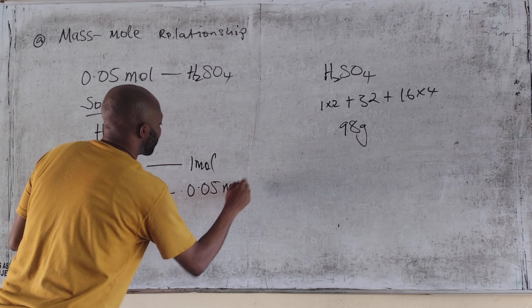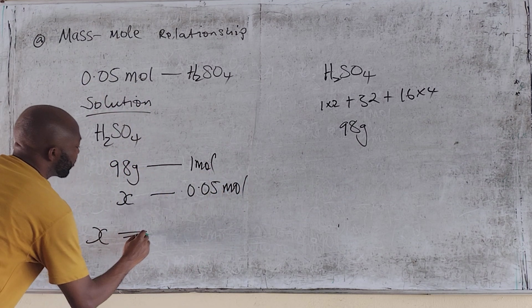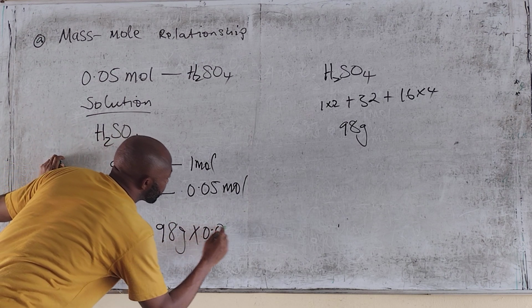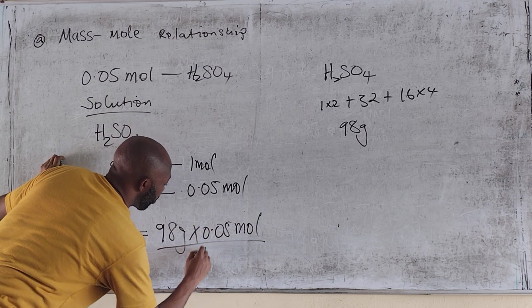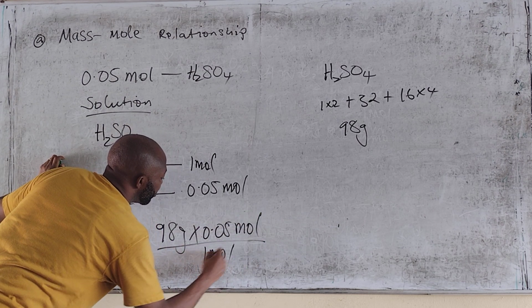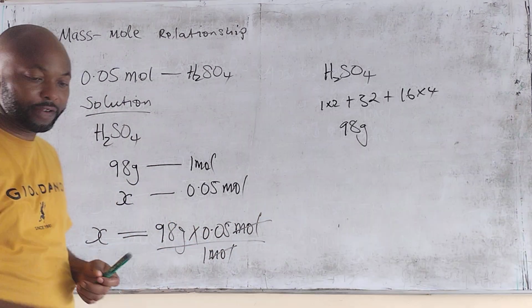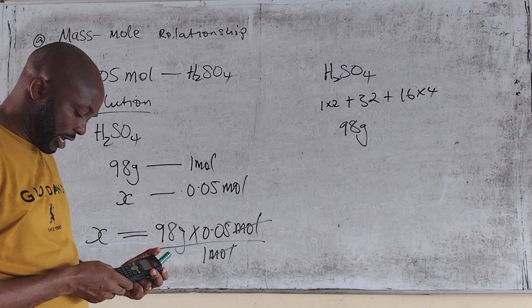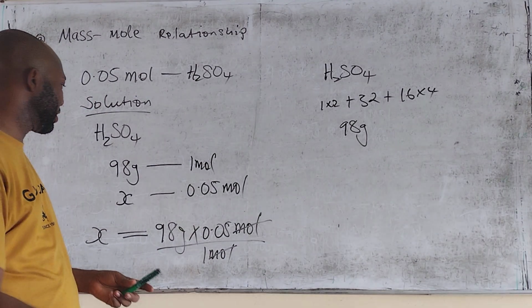Now, how many grams will give us 0.05 mole? So if I have my X, I have 98 grams times 0.05 mole over 1 mole. The mole will cancel out. 98 times 0.05. I have 4.9.